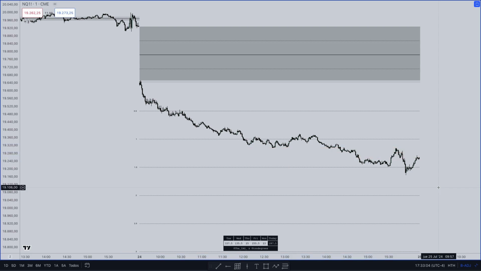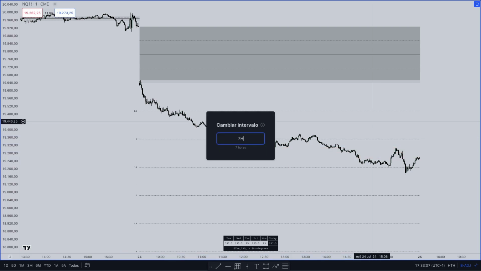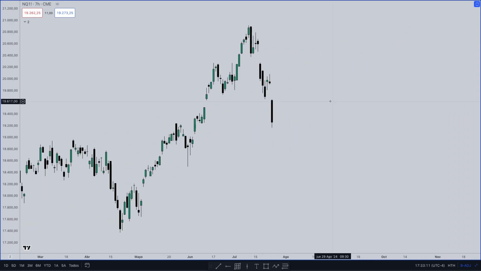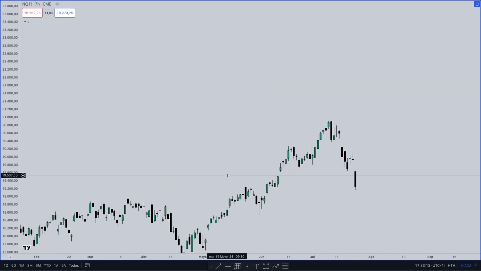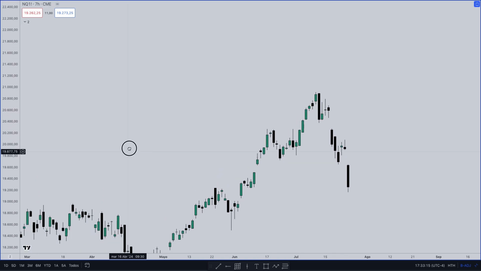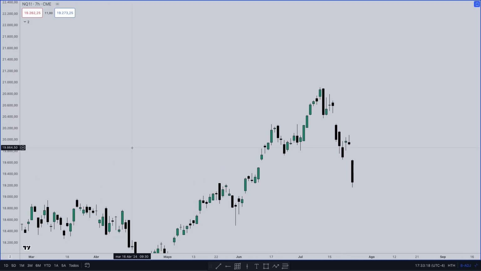Okay, so basically 7 hours is the daily candle for regular trading hours. And why it's important? Because you can see here things that you can't see on electronic trading hours or charts.